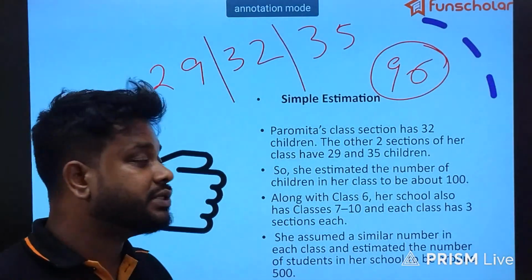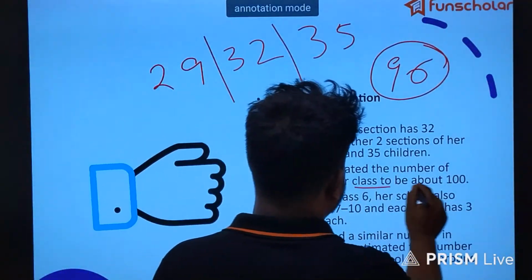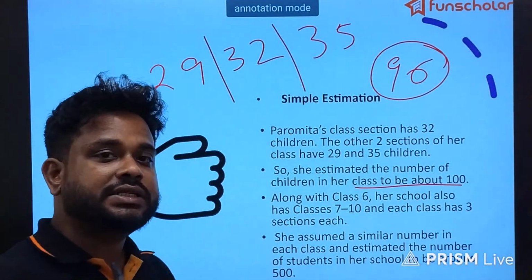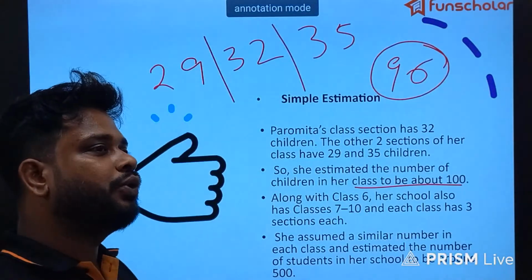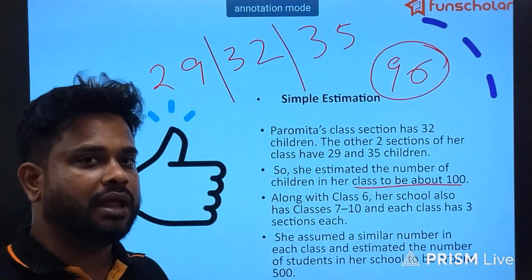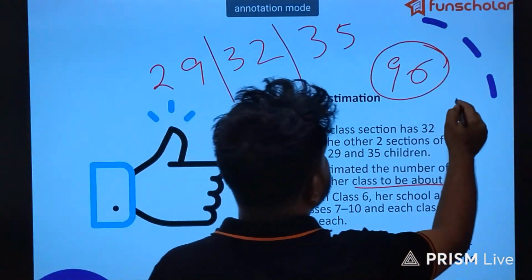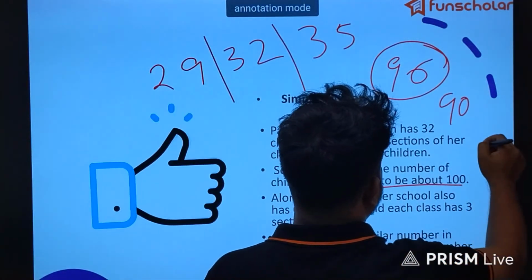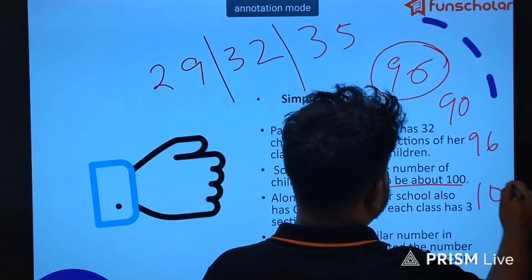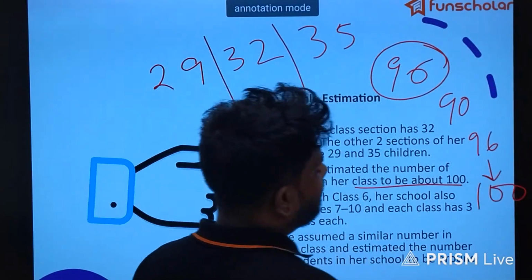But she has assumed that this class has about 100 students. So this is called estimation, when we go near a big number or take a little bit smaller from any number. For this case, Paromita can say that we have 90 students, but she said we have 100 students.